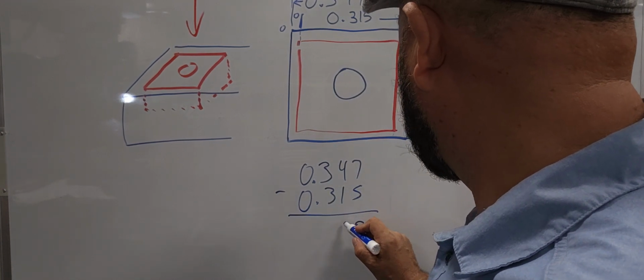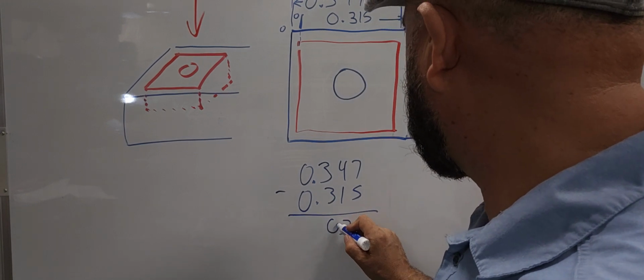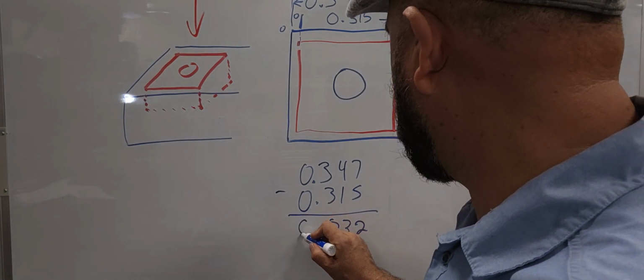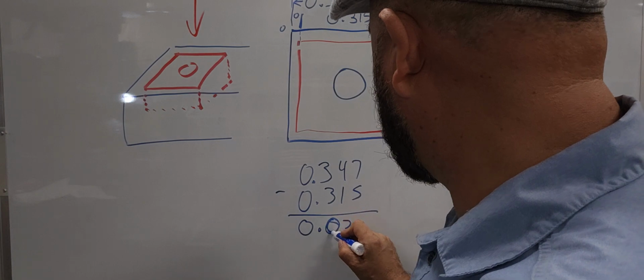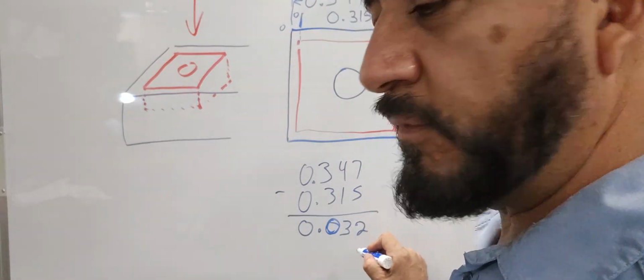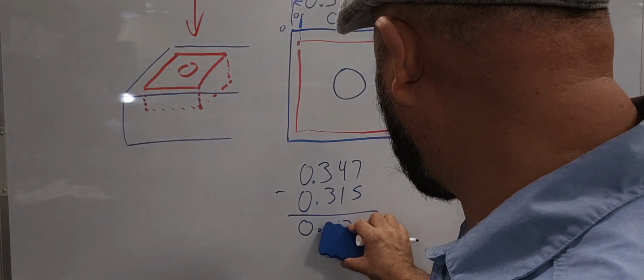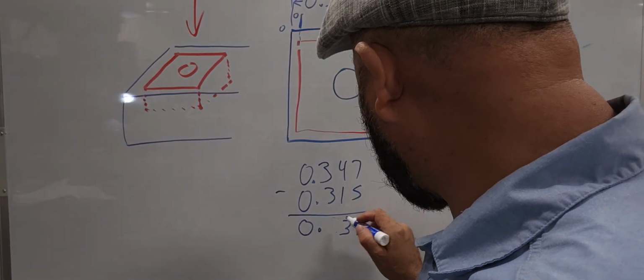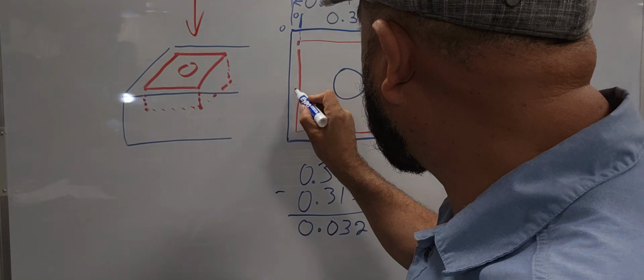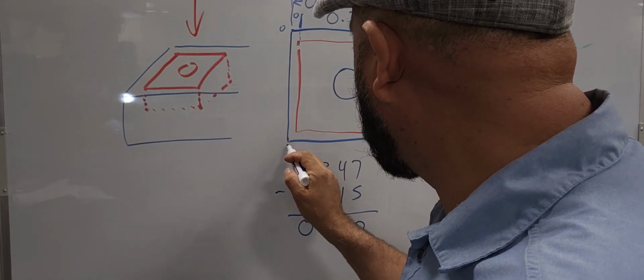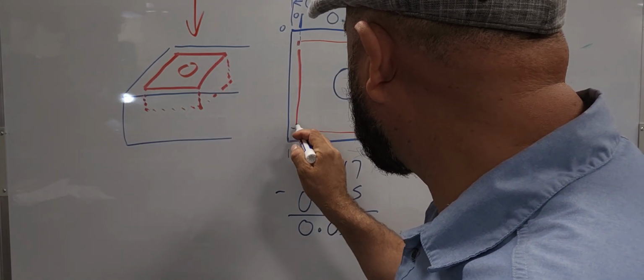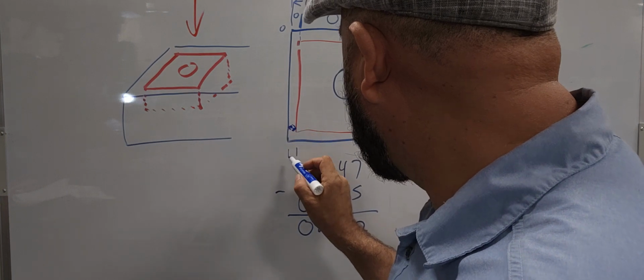This is 2, this is 3, this is 0. There we go. 32 thousandths of an inch. I'm going to make this 0 a little bit better. It's only 32 thousandths from here to here, this edge right here. Wow.